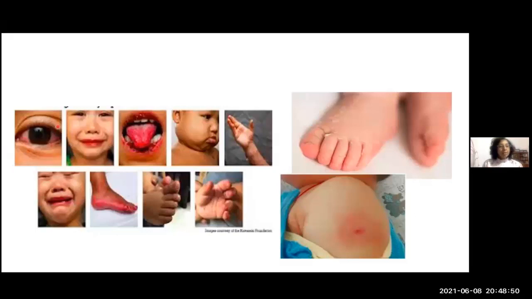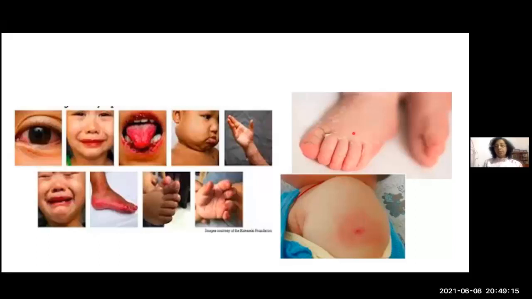So you can see this non-purulent conjunctivitis, red lips, red tongue, red mouth, cervical lymphadenopathy, and also irritable child having swollen feet and hands. And also there is erythema around the BCG scar.